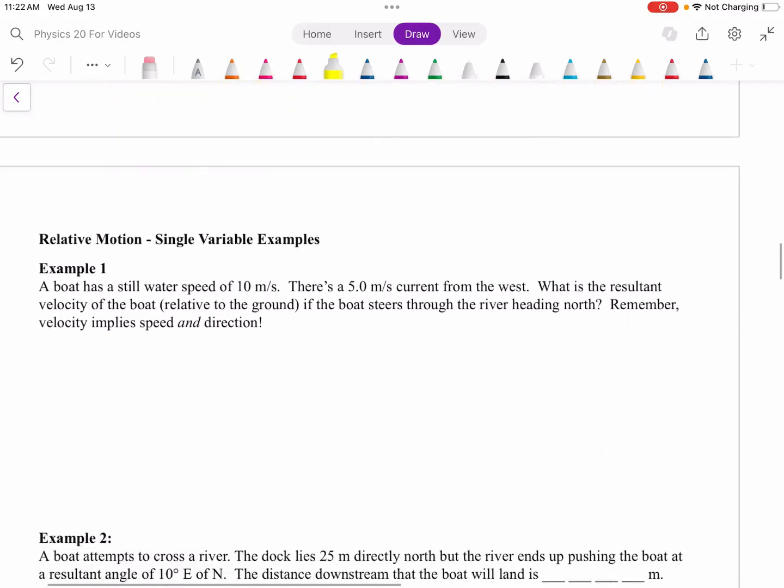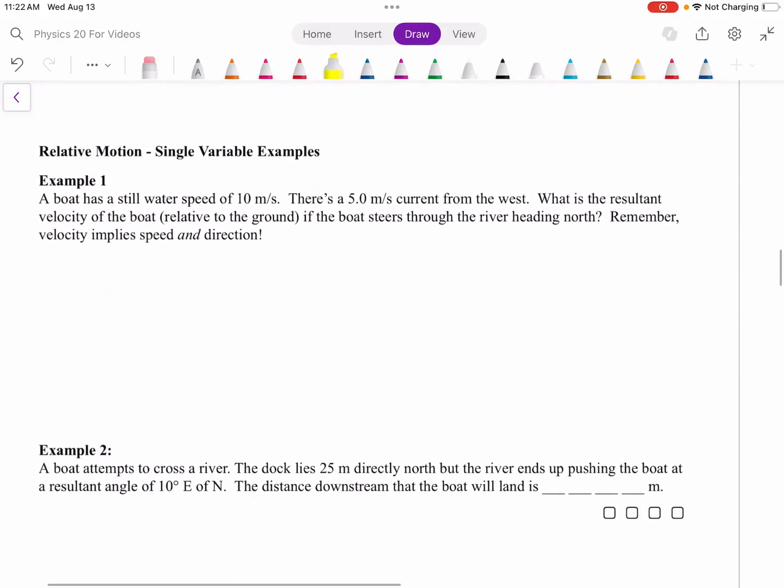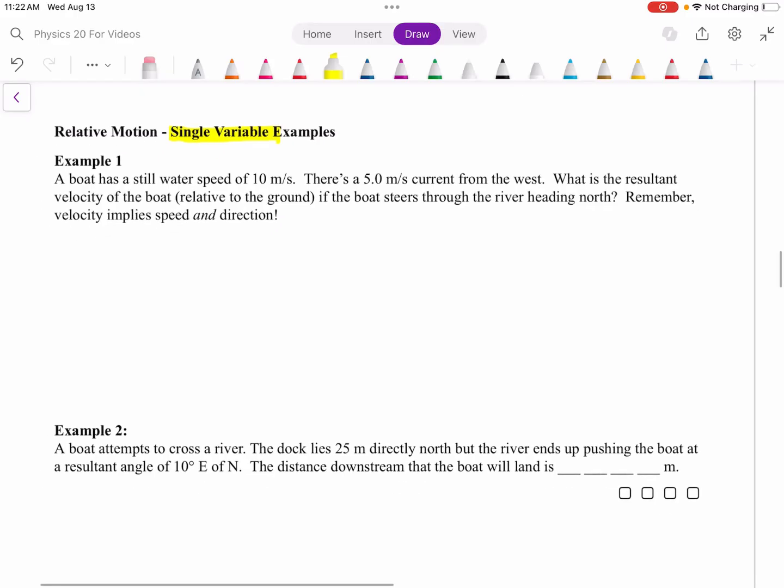Okay, so let's go ahead and try out some examples. We'll start with the single variable examples and then we'll look at some where we have to connect displacement to velocity through time or something like that. So, example 1. A boat has a still water speed of 10 meters per second. So remember, still water speed, that means that's just how fast the boat can move through the water.